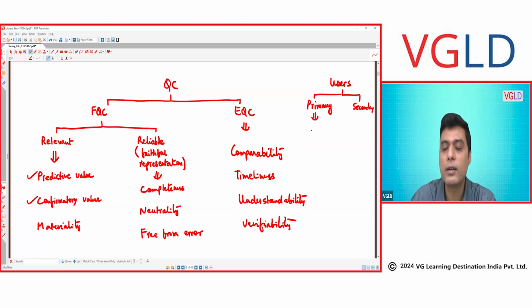Primary users are the investors, the shareholders, the potential investors. So investors are basically shareholders, number one. Then you have potential investors.